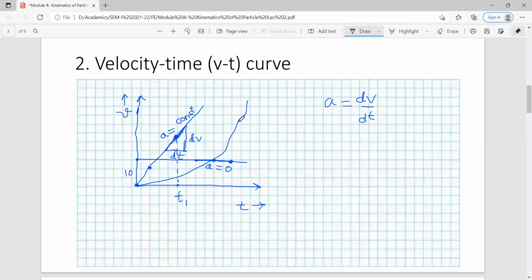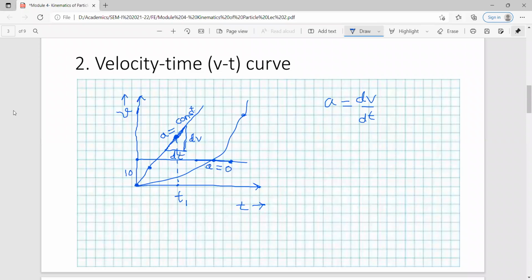If you want to calculate the acceleration at any point, suppose at this point, you will draw a tangent on that point and measure the steepness of that tangent. That steepness, that slope is nothing but your acceleration in case of velocity time curve.